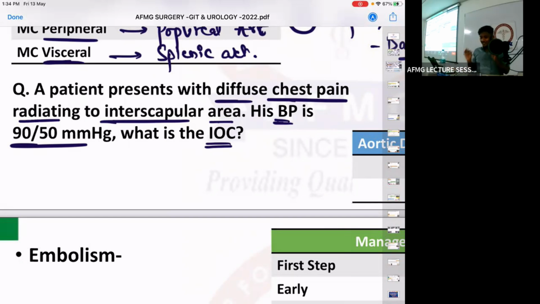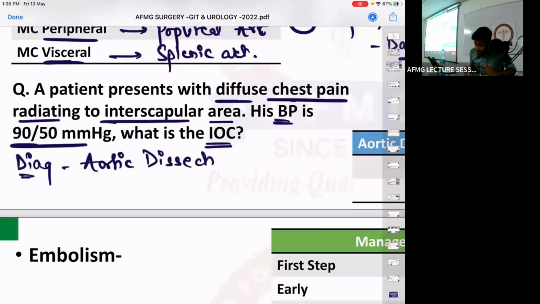Classical case, diffuse chest pain radiating to the interscapular area. The diagnosis here is aortic dissection.